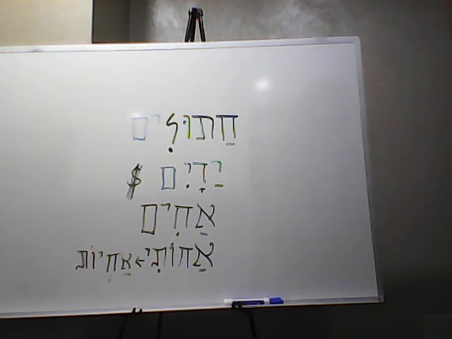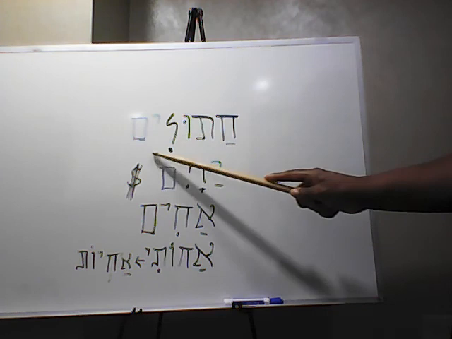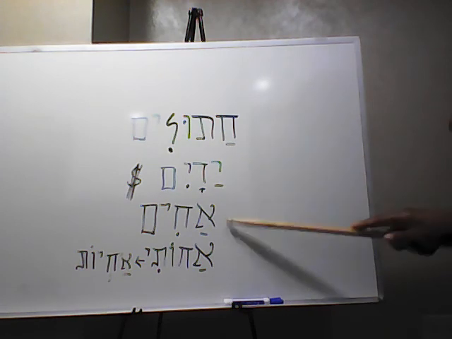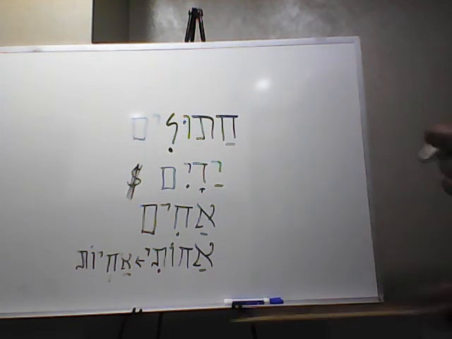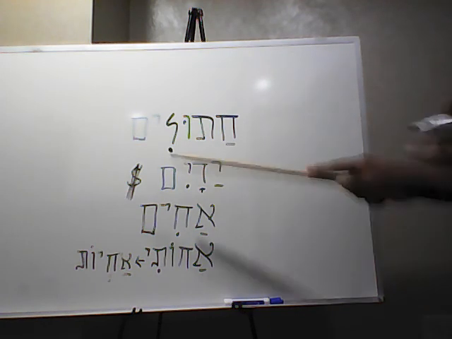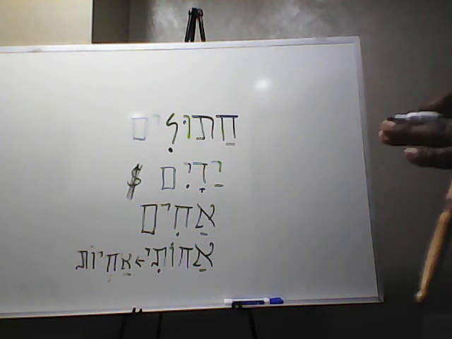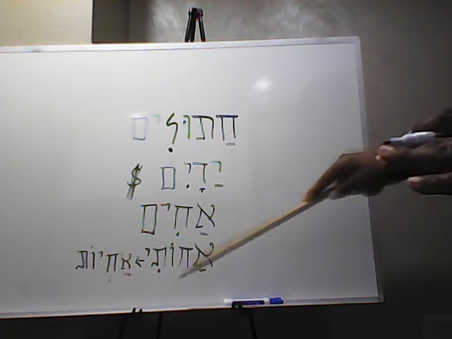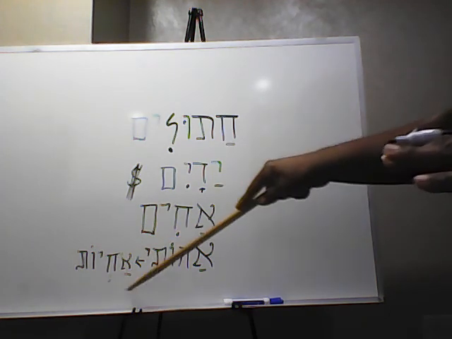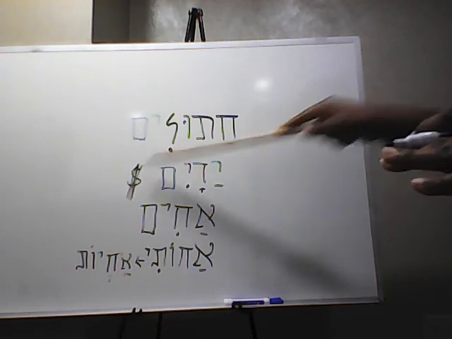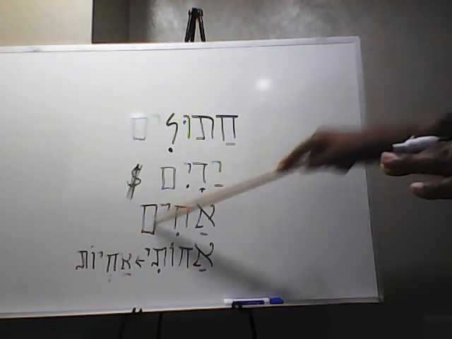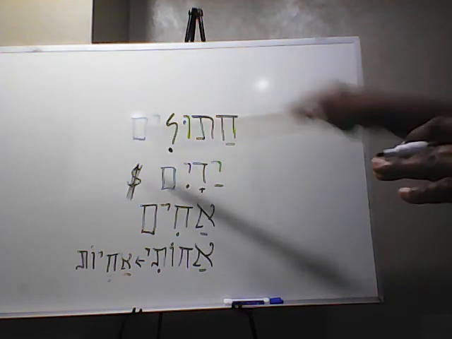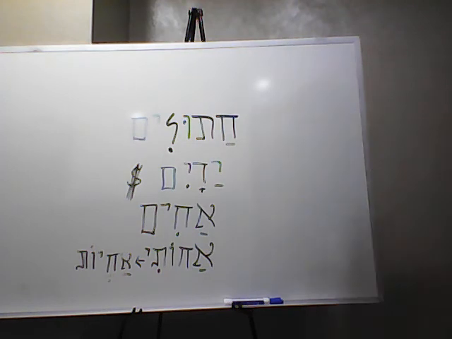S is not a pluralization inside of Hebrew. So you wouldn't say katuls, you wouldn't say yads, you wouldn't say ochs, you wouldn't say achotis. We want to understand how that works. Nonetheless, the main point of this lesson is to understand the mem as the suffix, with a bit of clarity on achoti and achyot.